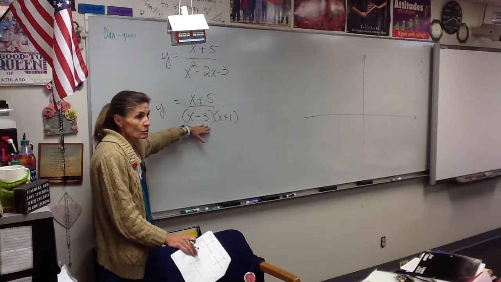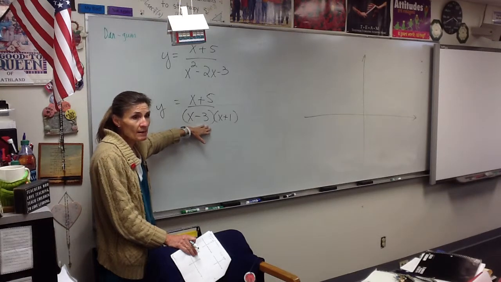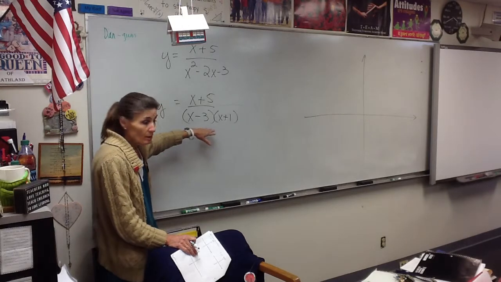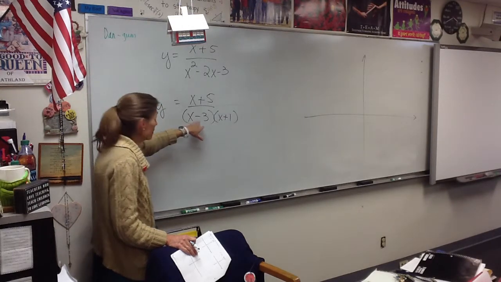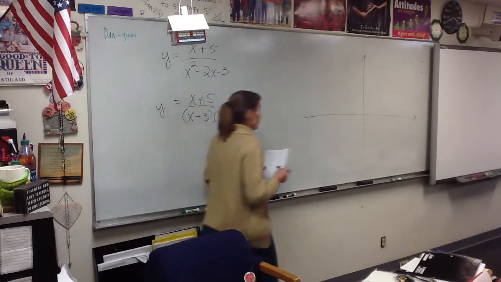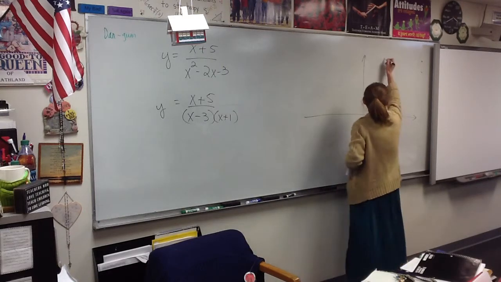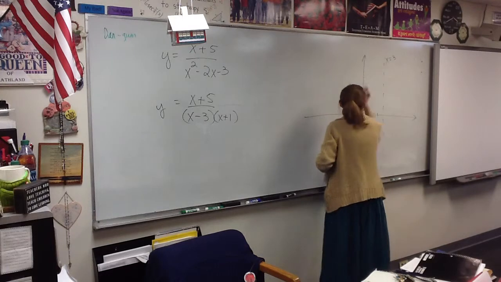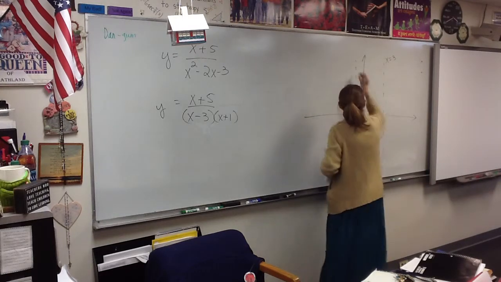Vertical asymptotes: when the denominator equals 0. So there's going to be 2. x equals 3 or x equals -1. So x equals 3 is right here. x equals -1 is right here.